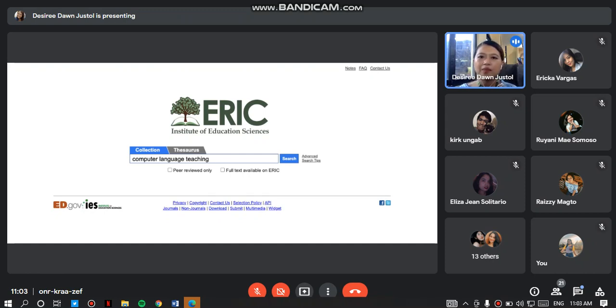the first step is to go to Google Scholar, so it is filtered and you won't be led to other resources like online magazines and online blogs. So to filter everything down to research, you may go to Google Scholar first or go directly to ERIC.